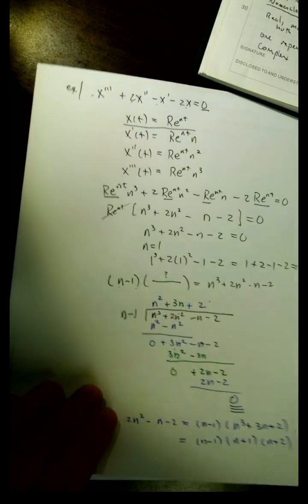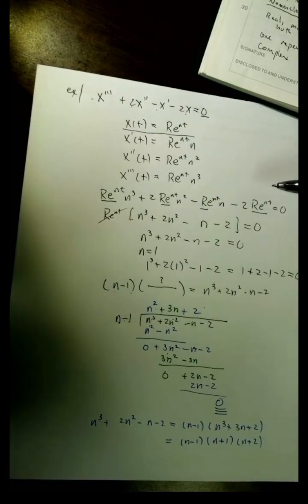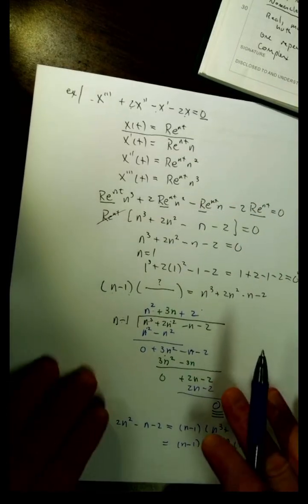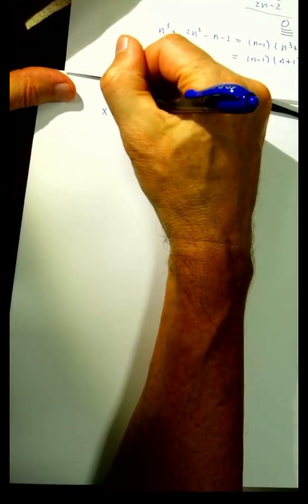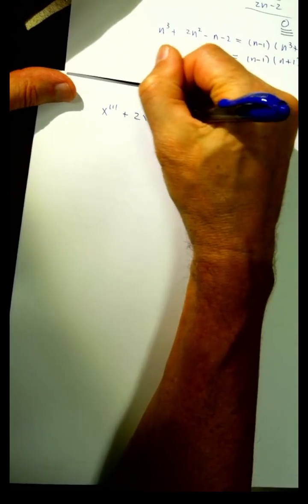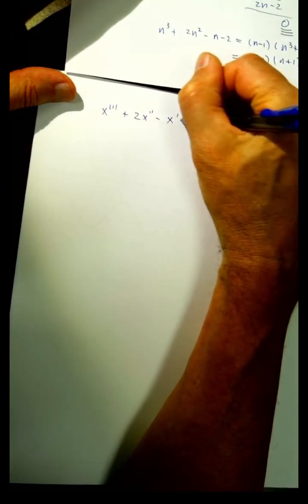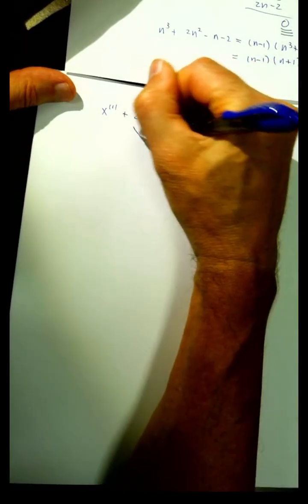So that's a lot. Notice here you have to be very organized and neat, and you're keeping track of a lot of stuff. My original differential equation was x triple prime plus 2x double prime minus x prime minus 2x equals 0.